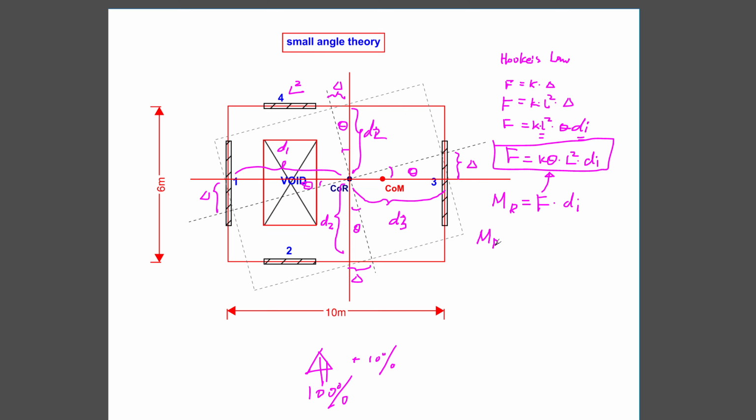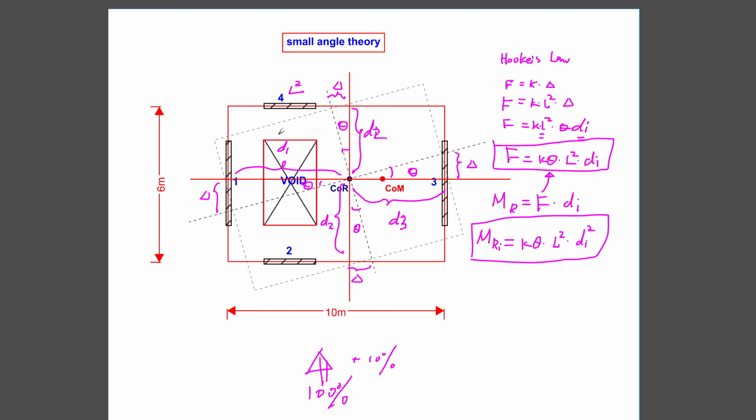So we got our individual moment resisting on each wall, and when you substitute it in, you got your k theta times L squared, and you got 2di, so it's going to be di squared, and that is your resisting moment for each individual wall.